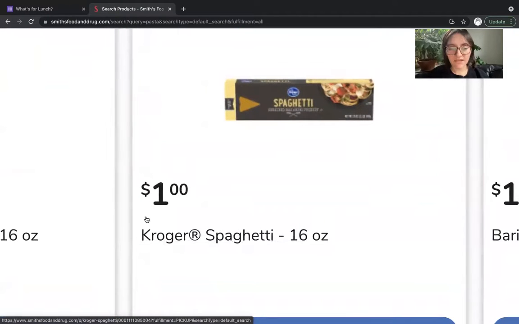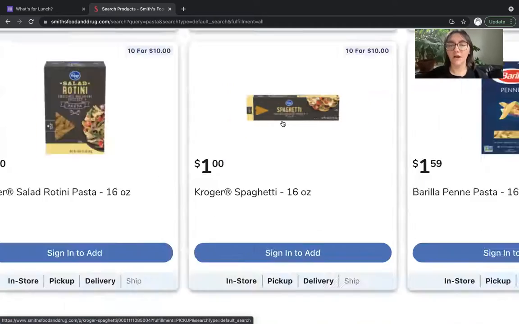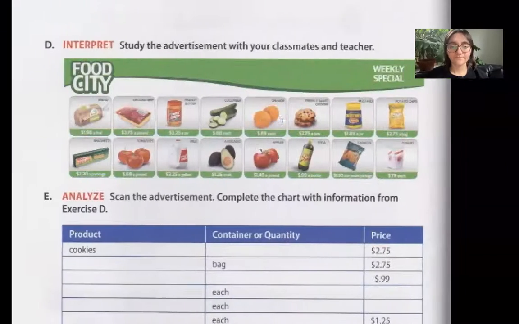So the spaghetti is $1 for 16 ounces, right? So this is a pre-packaged food that you don't buy based on weight, right? They have a weight to tell you how much is in there, but when you buy it, you're buying this box for $1, right? You can't buy half of the box for 50 cents. You have to get the whole box, right?